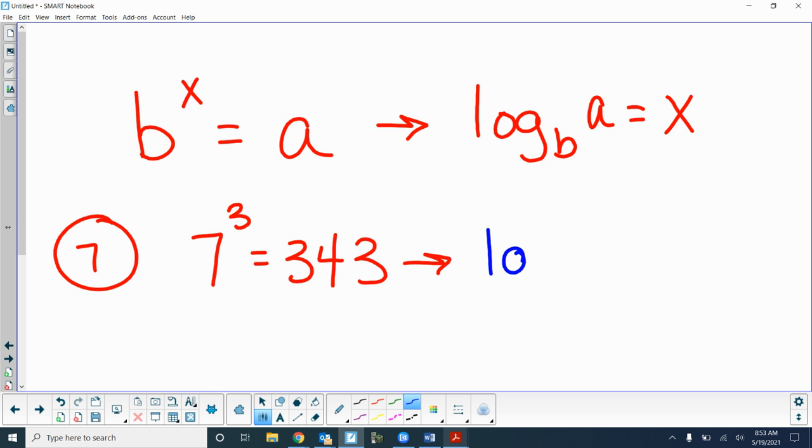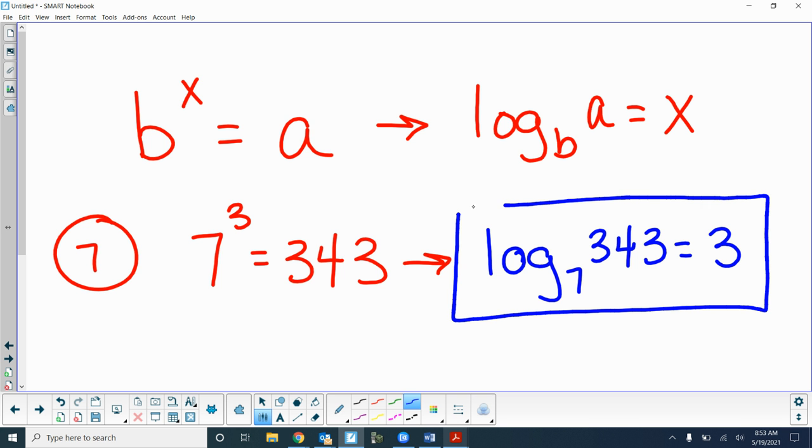So it's log base 7 of the number equals the exponent. That's what logs are, they're exponents. So that's what we're looking for in number 7. That's logarithmic form.